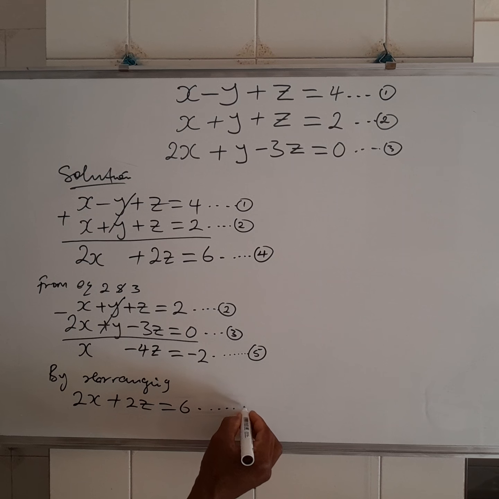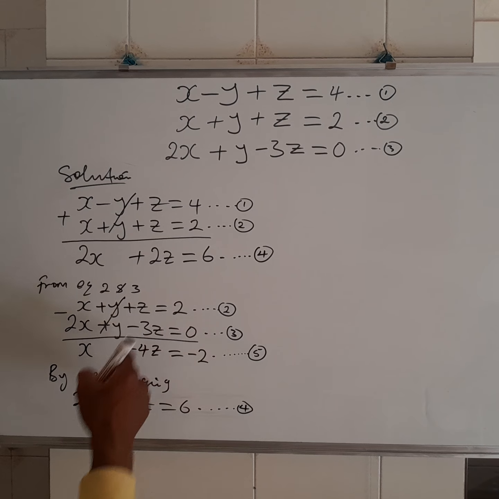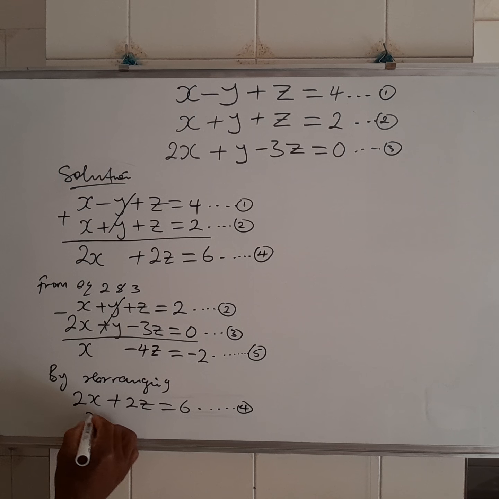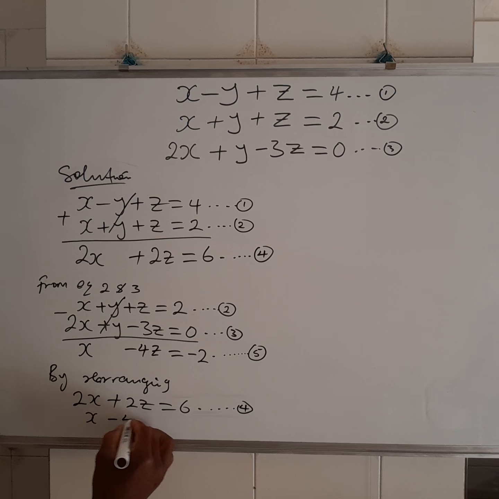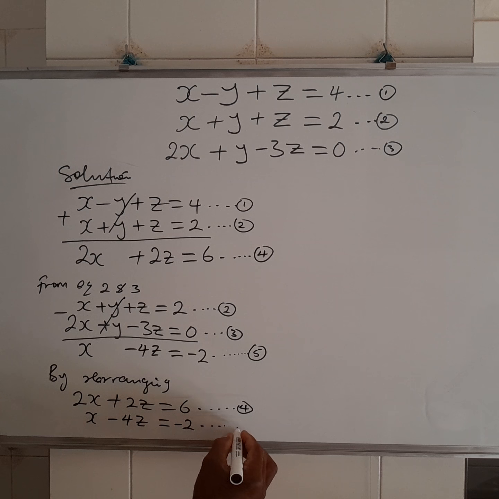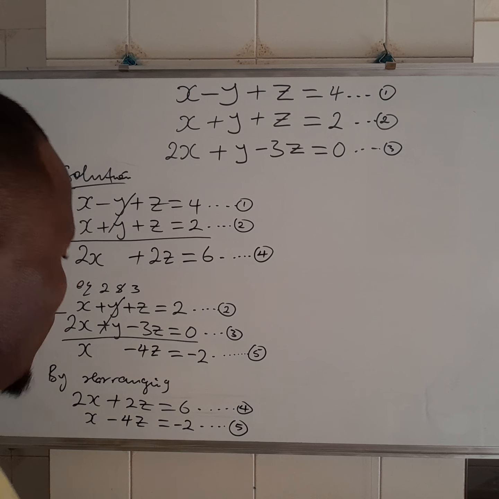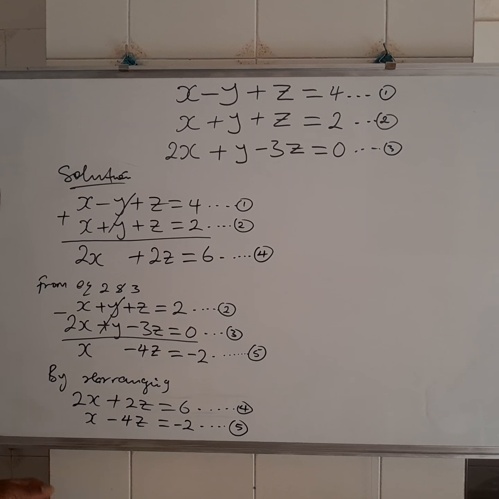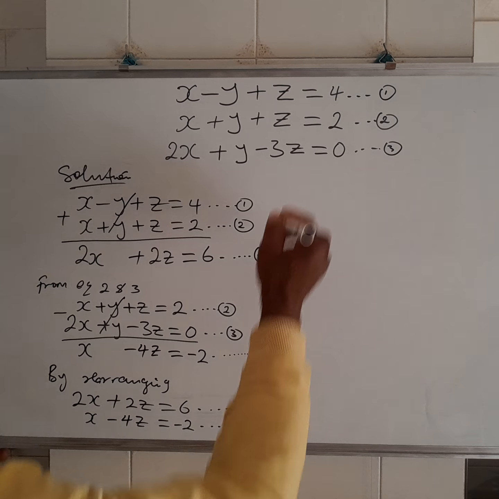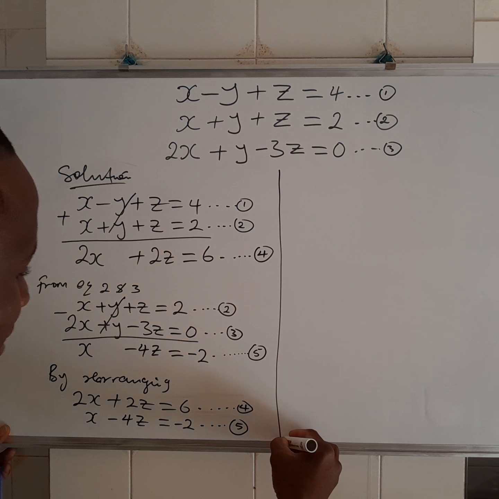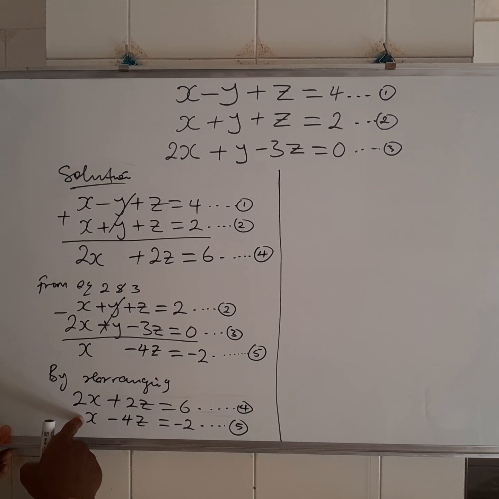Then you bring down your equation 5: x minus 4z equals minus 2. This is your equation 5. So having done that, let us eliminate one of the variables to get the value of one.